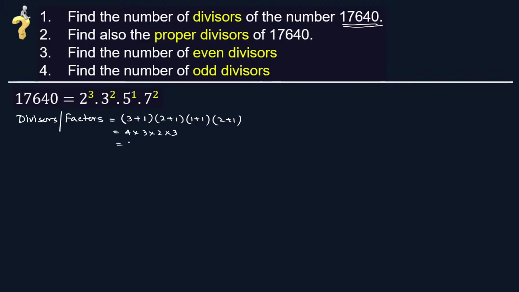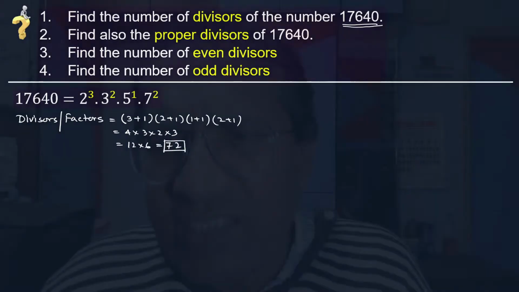So that gives us 6, so 72. So how many divisors of 17640 are there? You will simply say that there are 72 factors or divisors of 17640. Is it clear or not?